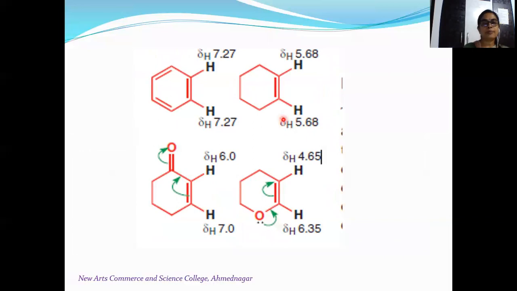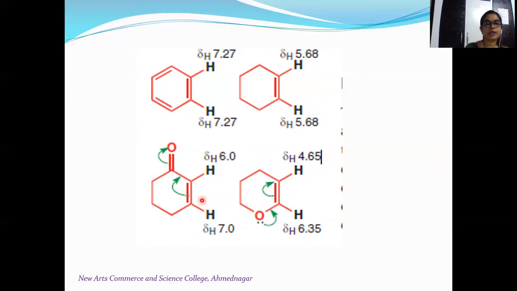Look at these examples. These are aromatic protons, 7.27. If you compare this with olefinic protons, they have a little bit less delta value, or they are shielded protons as compared to aromatic protons. Look at this example where a carbon-carbon double bond is in conjugation with a carbonyl group. Same thing is there. The alpha carbon atom is less de-shielded than the beta carbon atom.